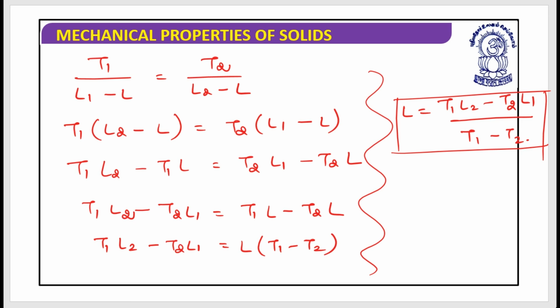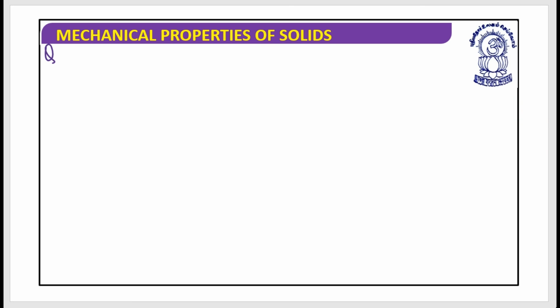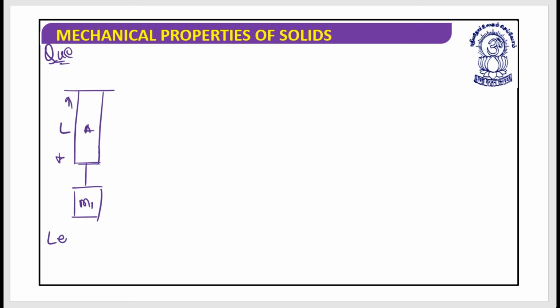Is it clear? Are you sure? Even this question can be asked in this situation. Let's understand this question. Let's suppose there is a rod having length L and cross-sectional area A. Now a mass M1 has been hung from the rod, and the new length will be L1.